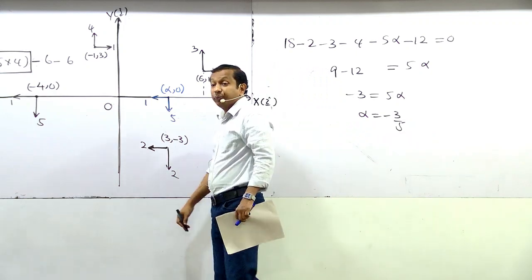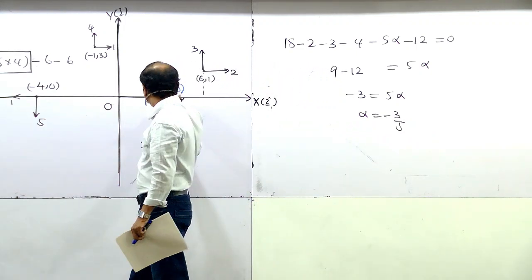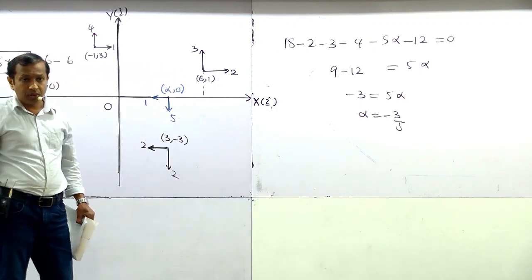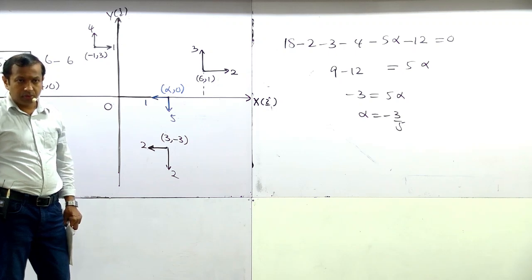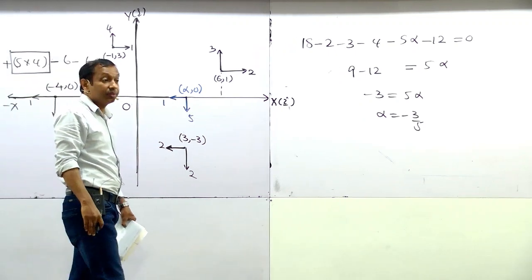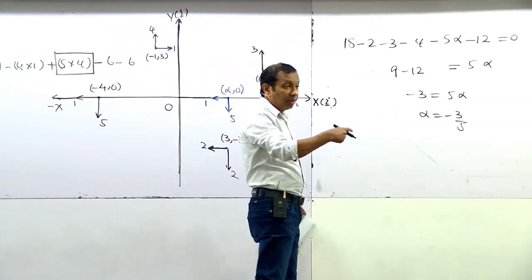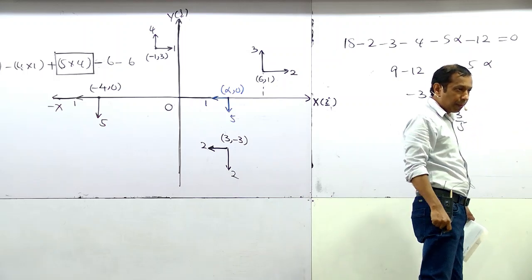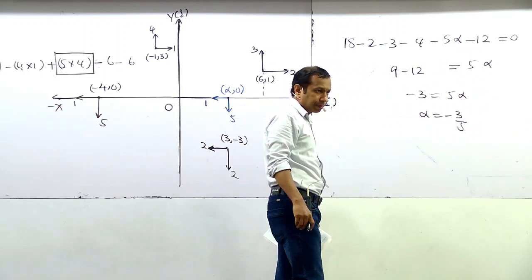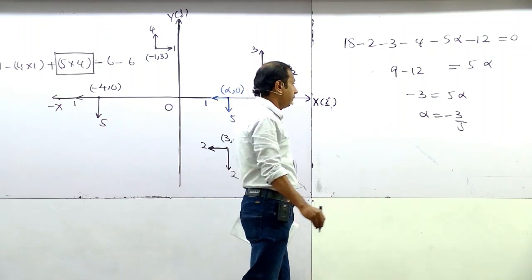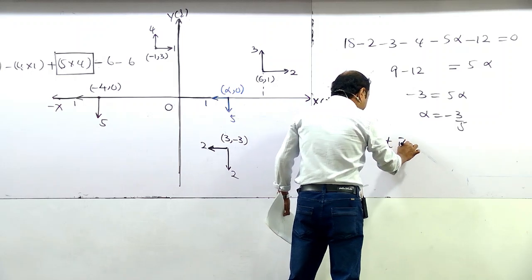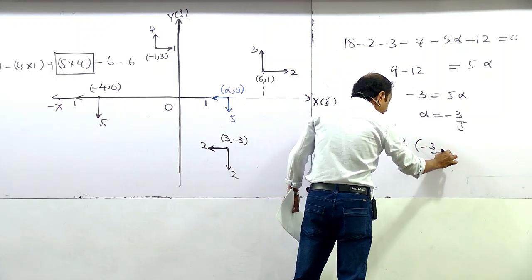We get alpha negative. What do you mean by that? Still, this force is on the negative x-axis. Then what is the coordinate? The new point has x coordinate minus 3 over 5 and y coordinate 0. Why? It is on the x-axis, no? Yes. Therefore, the point is minus 3 over 5, comma 0.